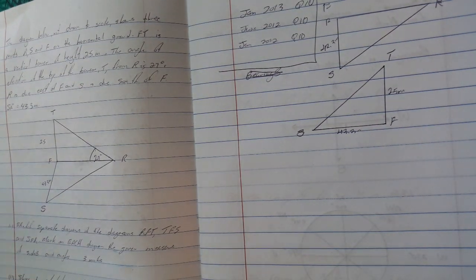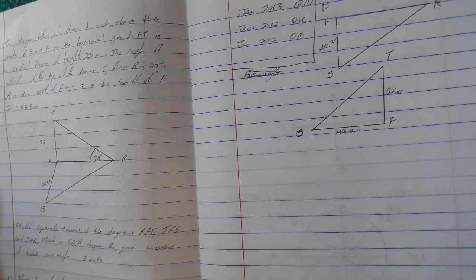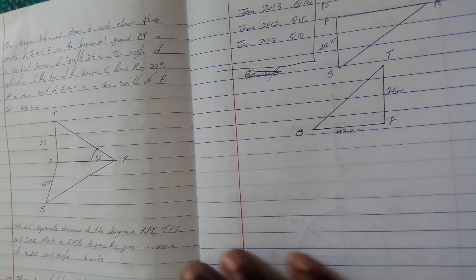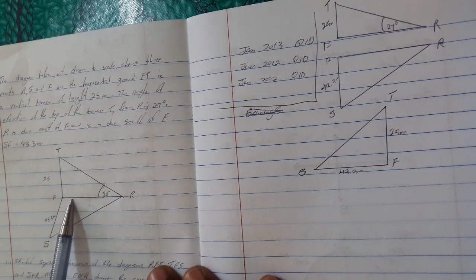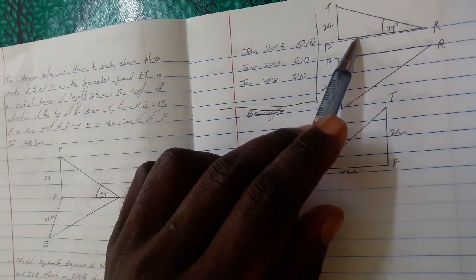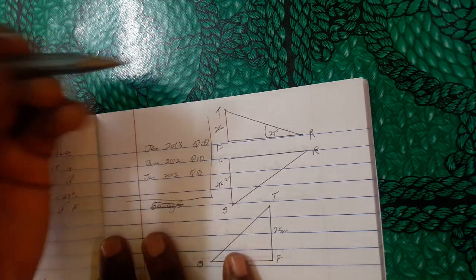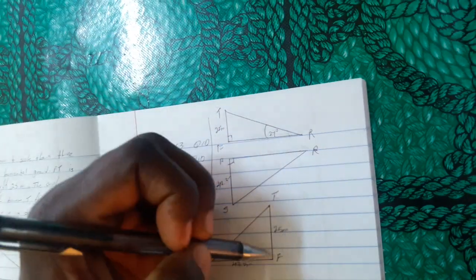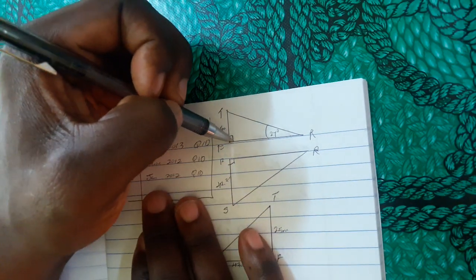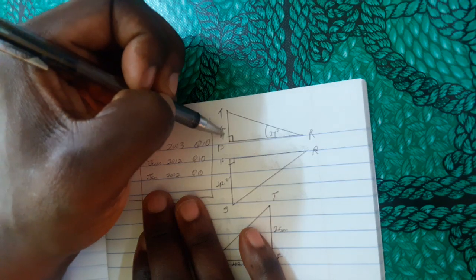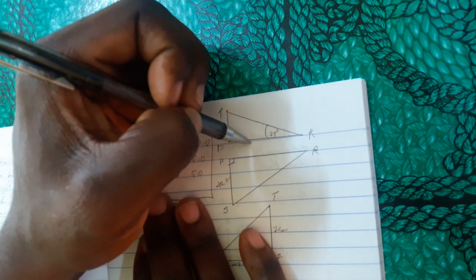So let's attempt to solve the questions now. Show by calculation that RF is equal to 49.1. RF, from R to F, so that would be this distance here. We have that triangle at the top there. On right angle triangles, we know that the trigonometrical ratios and Pythagoras theorem are used. This is the opposite side, this is the adjacent.